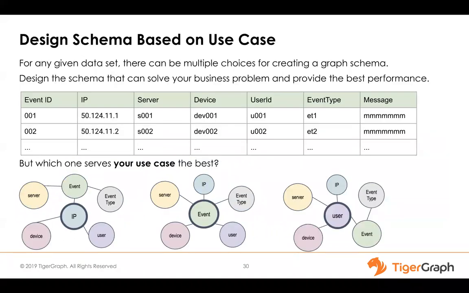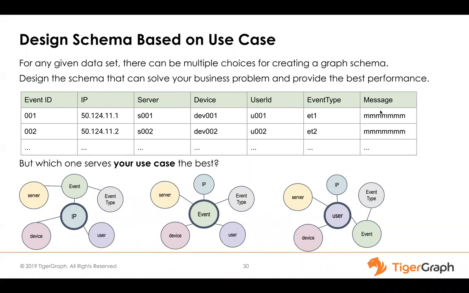And here we want to talk about how we design the schema based on your own use case. Given this table, it's kind of like a system event table. It has the event ID, IP address, server, device, user ID, event type and message.